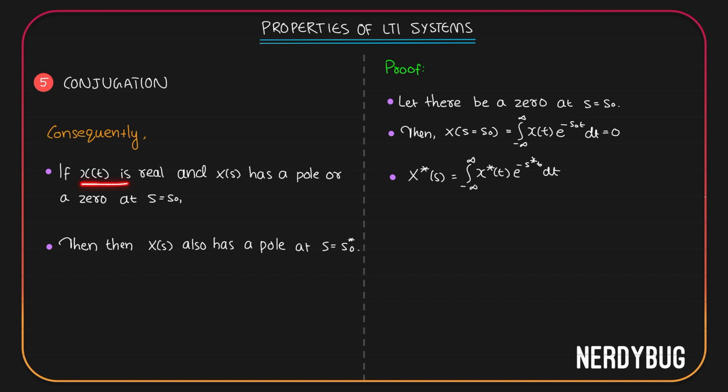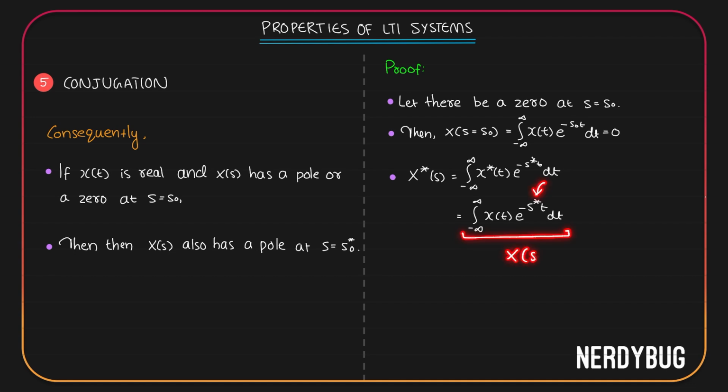But we have this condition x of t is real, so x conjugate of t is the same as x of t. Let us change it. We get integral from minus infinity to infinity x of t e raised to minus s conjugate t dt. Now this is very much the same as x of s, except instead of s we have s conjugate.